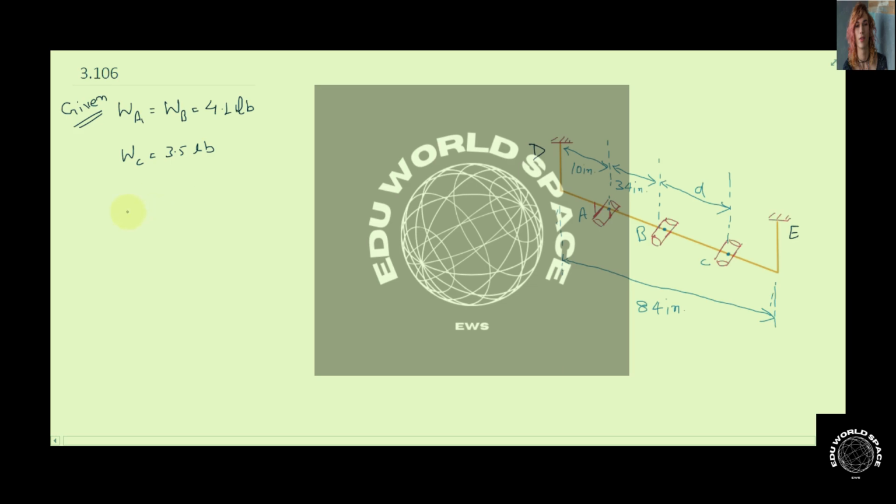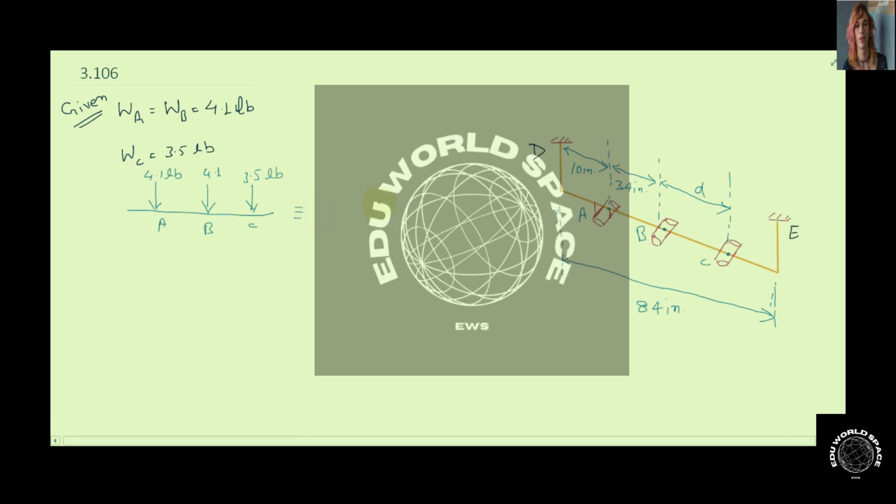So basically, let's say this is our rod, where at point A one force of 4.1 pound is acting, at point B another force of the same magnitude, 4.1 pound, and at point C a third force of magnitude 3.5 pound is acting.